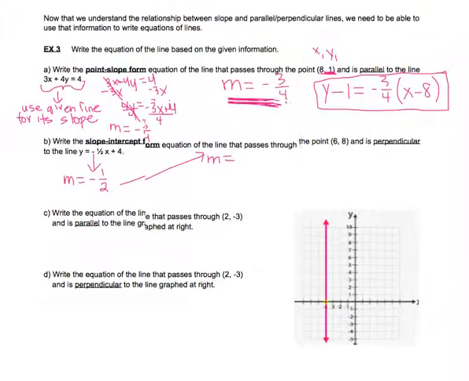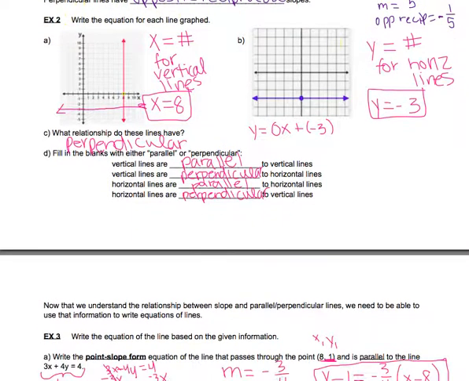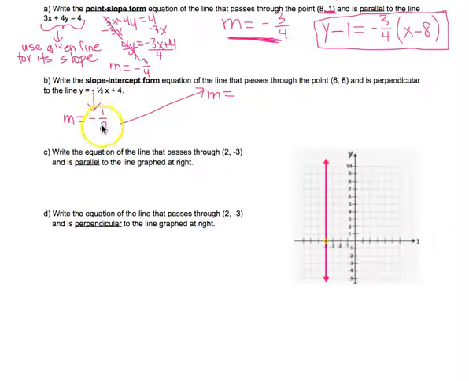All right, so again, my line is supposed to be perpendicular, and I know that perpendicular lines have opposite reciprocal slopes. So the reciprocal of 1/2 is 2/1, which is just 2. And then I need them to be opposite. This is negative, so this should be positive. So m should equal 2.